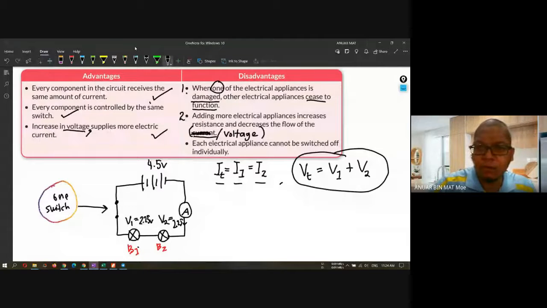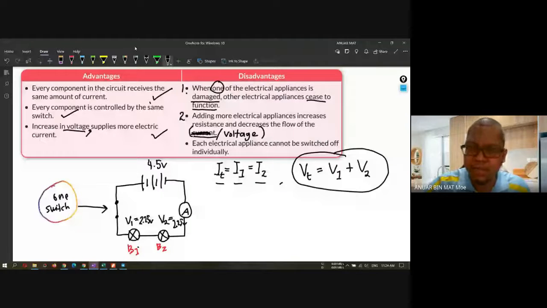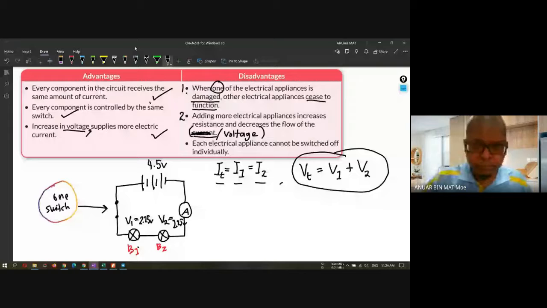Never mind if I made a mistake, I will correct it later. But according to my understanding, voltage is decreasing, because if we put in more components, the voltage will become less.